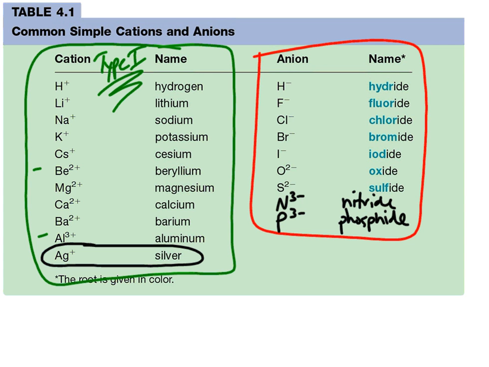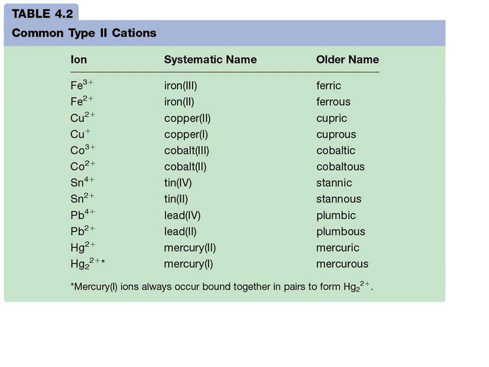Now, type 2 has to do with a varying number of charges. These are your transition metals. Here I have two different irons, two different coppers, two different cobalts, two different tins, two different leads, and two different mercuries. These are the ones that we're going to be using often.